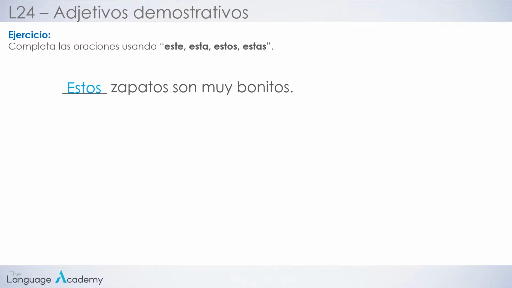Estos zapatos son muy bonitos. This is the masculine plural case. Estos. Me gusta mucho esta canción. Canción is a feminine word, so we use esta.